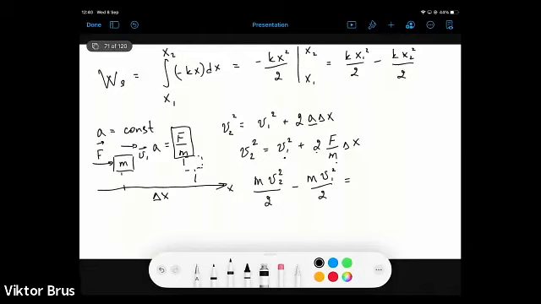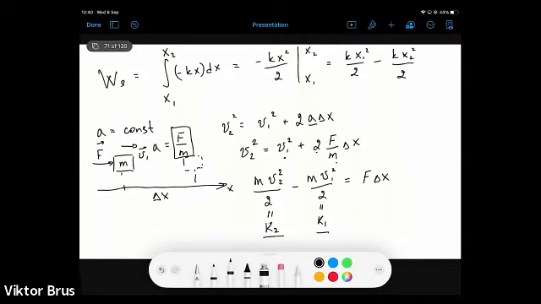It is equal to F times delta x. So these terms we can call K2 and K1, meaning kinetic energy at the final position and kinetic energy at the initial position.